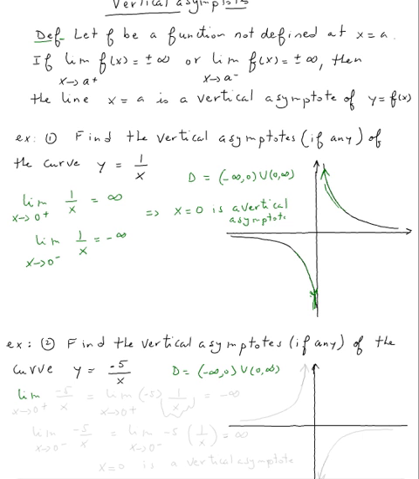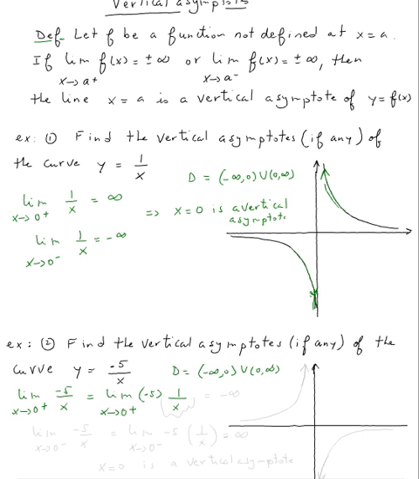So when we do the limit, we need to find the limit of negative 5 over x as x approaches 0 from the right side. And this is the same thing as the limit of negative 5 times 1 over x as x approaches 0 from the right side.